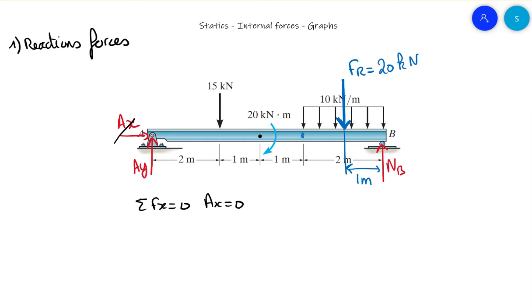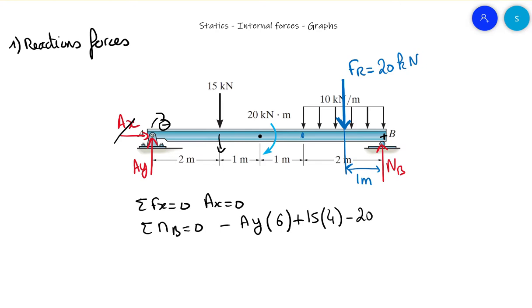When we do sum of the moment about B equal to 0, we have Ay times the total length, so 2 plus 1 plus 1 plus 2, it's 6, plus the 15 kilonewton times 1 plus 1 plus 2, 4, minus this 20 kilonewton meter, no distance, it's already a moment, and plus the FR times 1 meter, equal to 0.